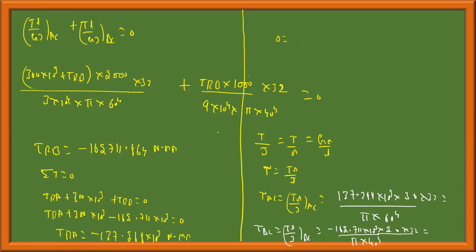It is aluminum. Tau AC is aluminum. Tau BC is steel. How much? 137.288 into 10 power 3 into 32 by pi into 60 power 4. How much?